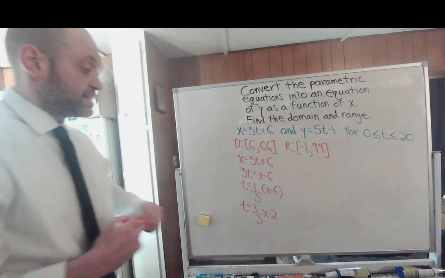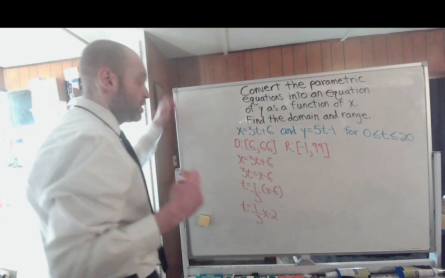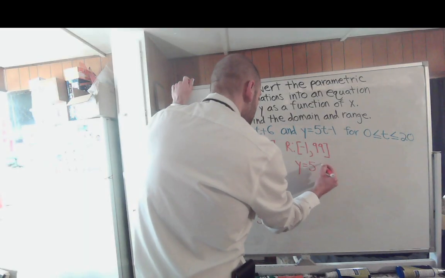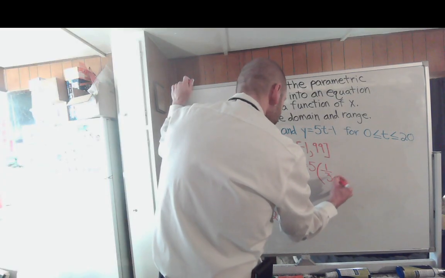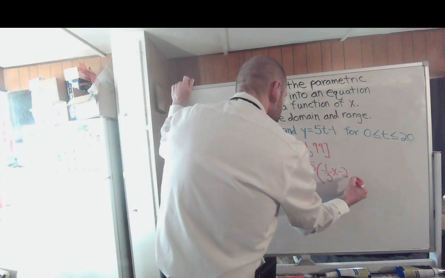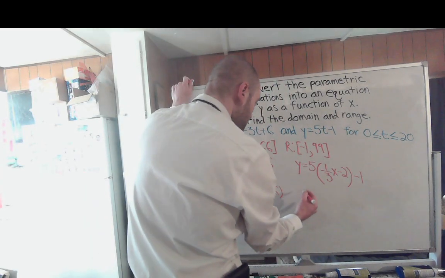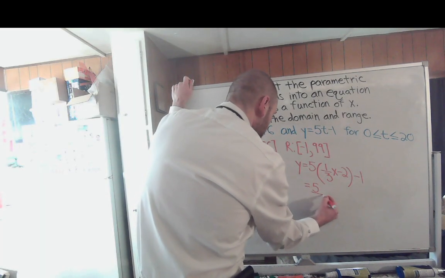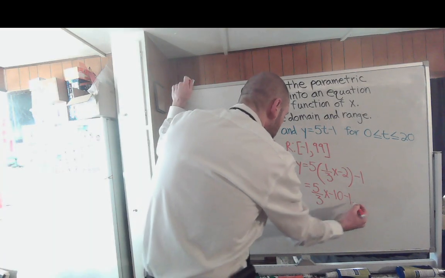Alright, so now we've got t in terms of x. Let's bring that over here and put it into our y equation. So y would equal 5 times our value of t, which was 1/3 x minus 2, all that minus 1, which, when we distribute, would give you 5/3 x minus 10 minus 1.